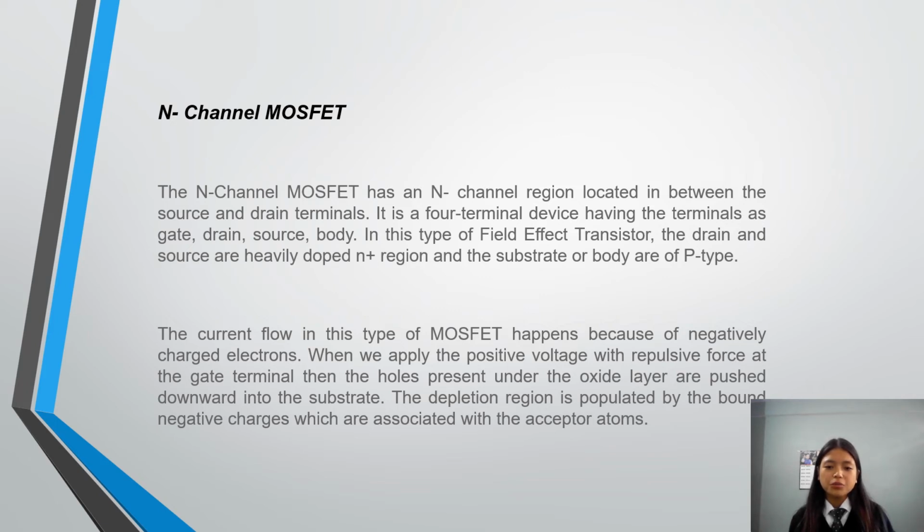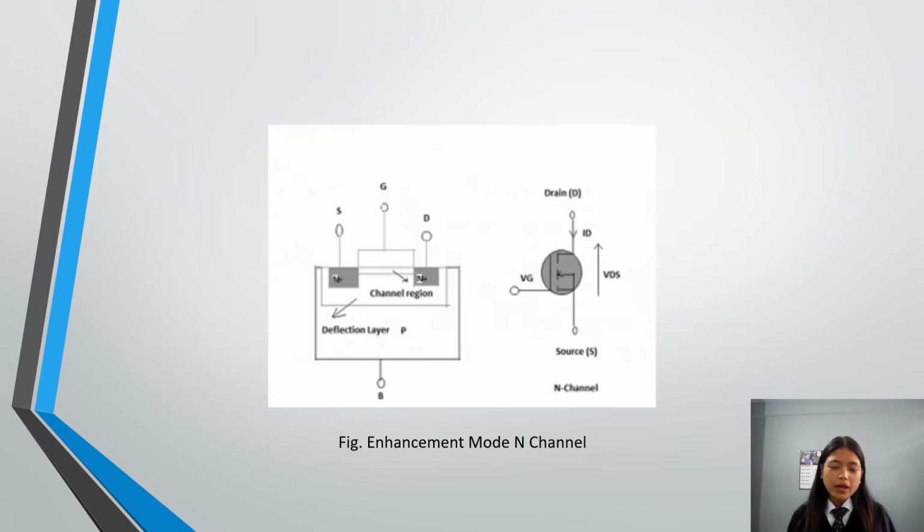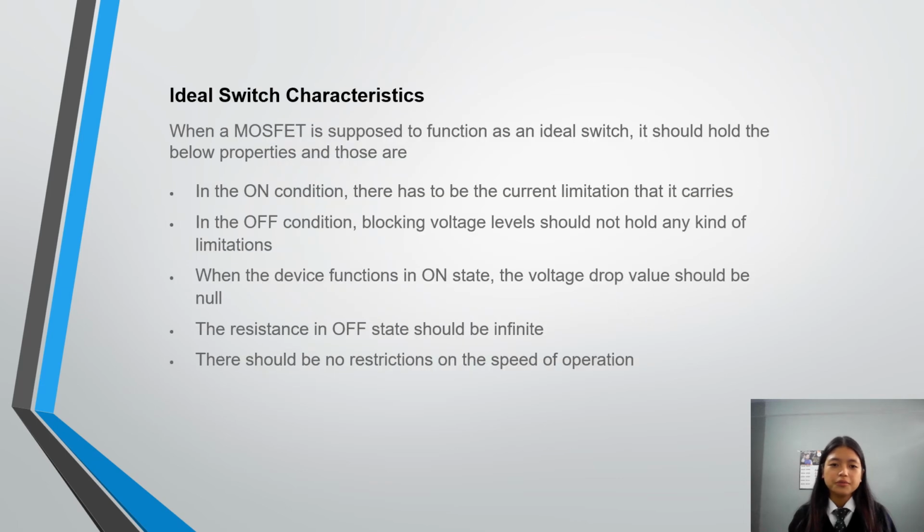When we apply a positive voltage and repulsive force at the gate terminal, then the holes present under the oxide layer are pushed downward into the substrate. The depletion region is populated by the bound negative charges which are associated with the acceptor atoms. And this is the figure for the enhancement mode N channel.